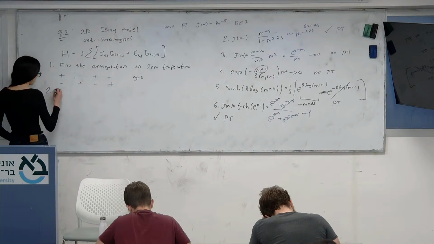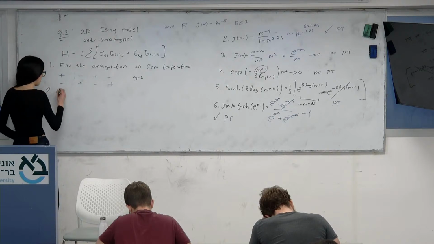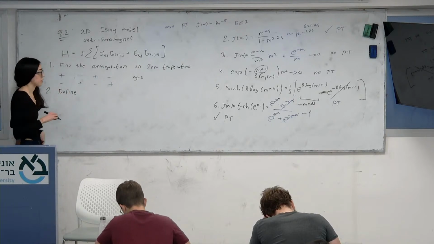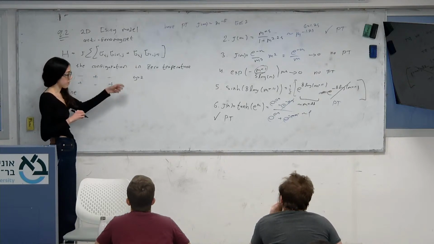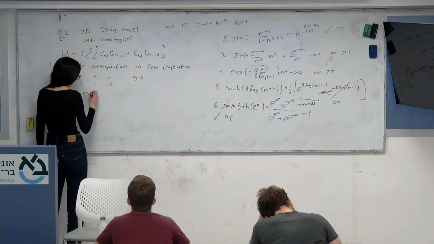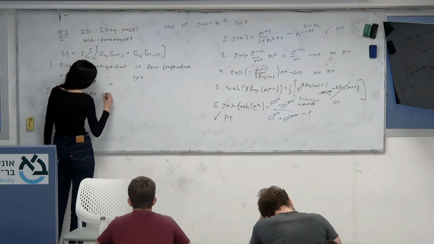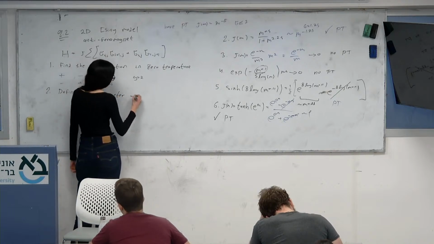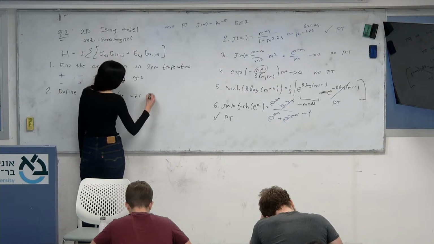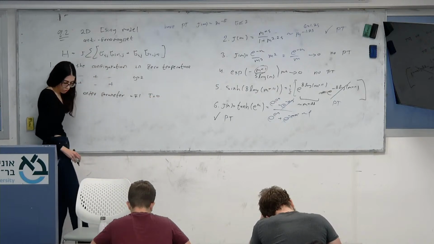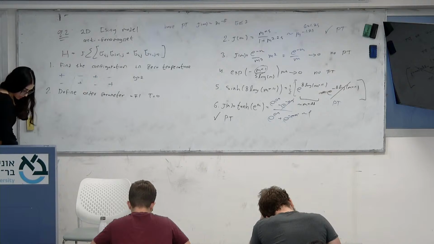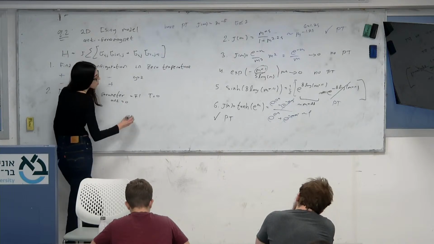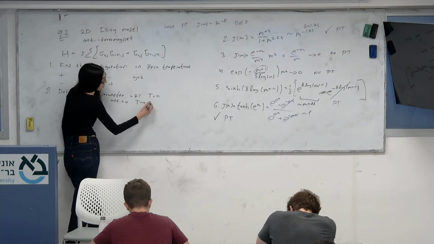So the second question is to define an order parameter. Usually we have the order parameter that is just a summation over the different states of the spin. So define an order parameter that is equal to plus minus 1 at 0 temperature, and equal to 0 when the temperature goes to infinity.